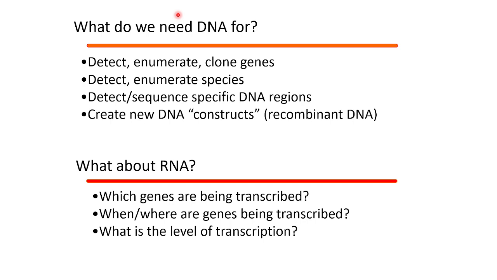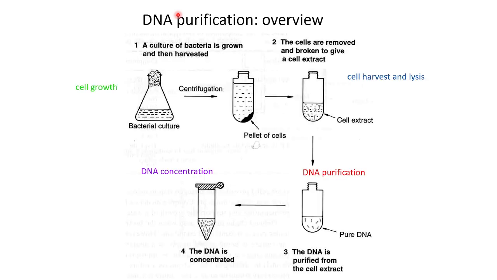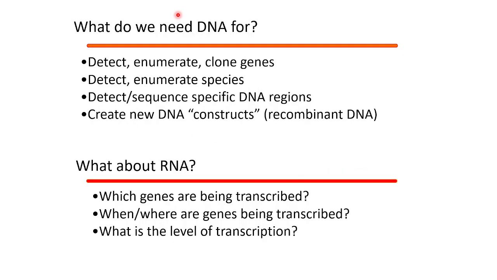And when we speak about RNA, it is about what type of genes are being transcribed, when and where the genes will be transcribed, and what is the level of transcription. So this is all about the details of DNA and the nucleic acids.